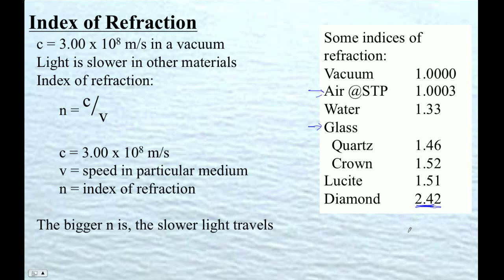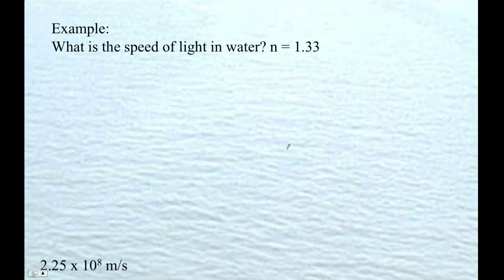Okay, so let's do a sample calculation. This is really a pretty simple concept. What's the speed of light in water? Well, if n is the speed of light divided by the velocity, then I'm going to say 1.33 equals 3.00 times 10 to the 8th meters per second divided by the speed of light in water, right?